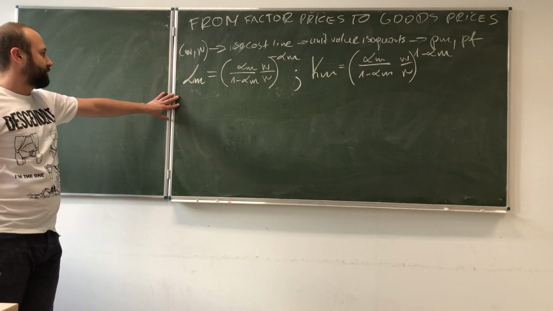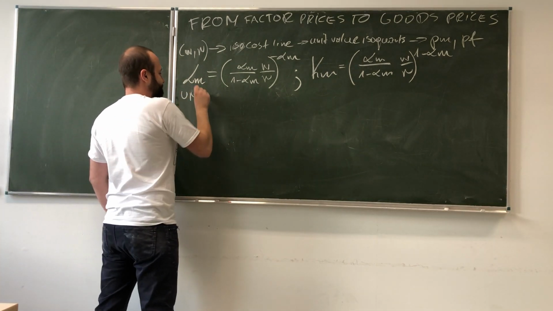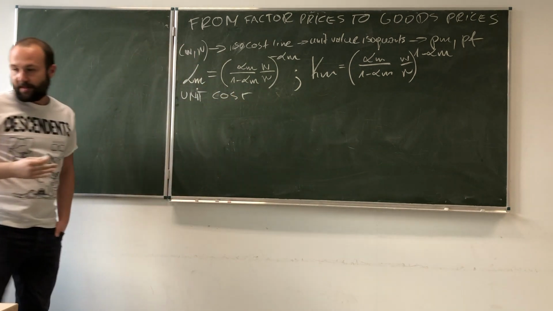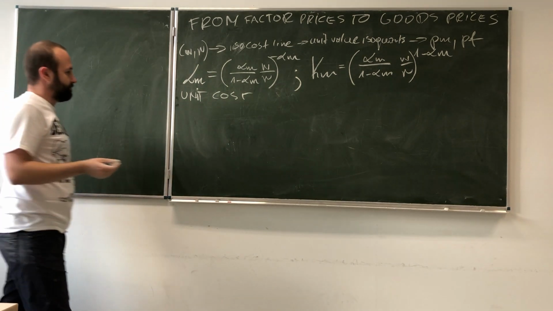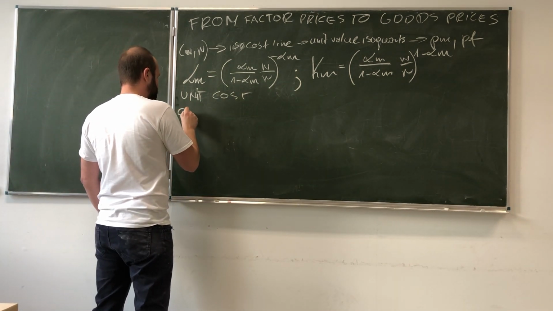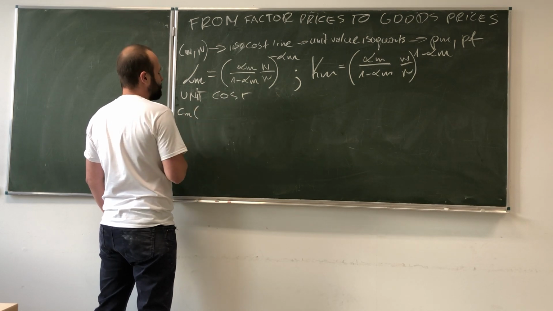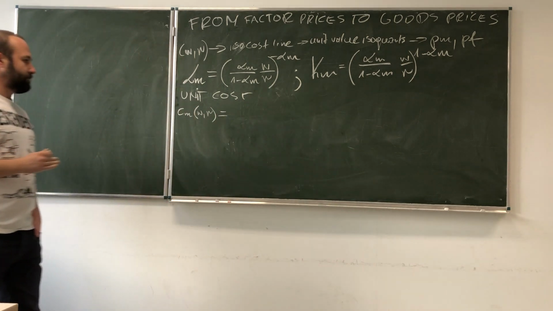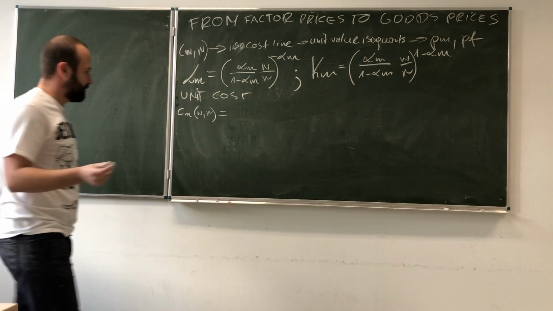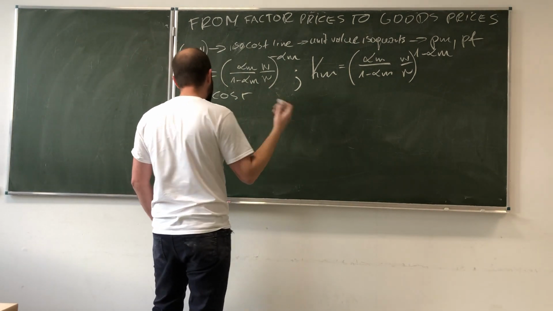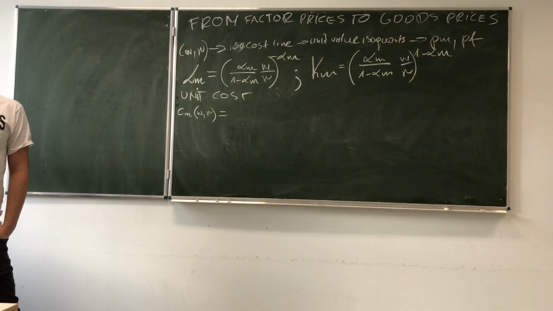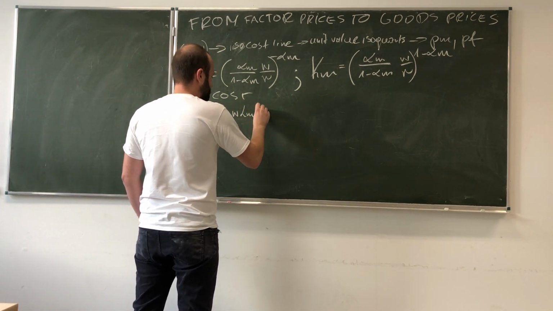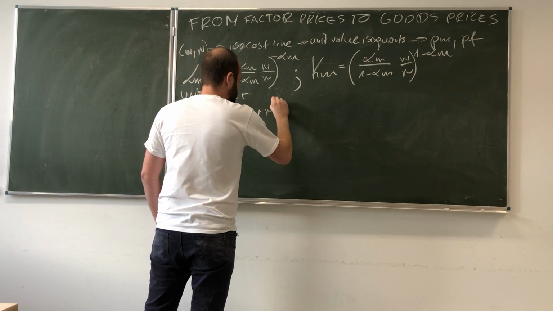Okay, this is something that we've already found. Now we're going to use it to find the unit cost of manufactures. While producing 1 unit, and this is what we've been dealing with all along, we've got w l_m plus r times k_m.